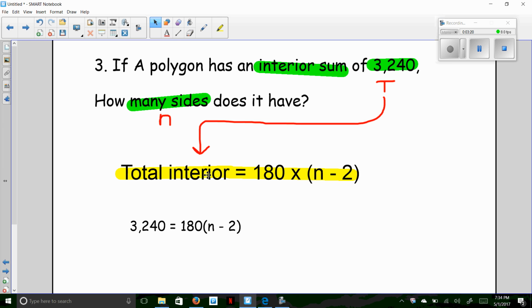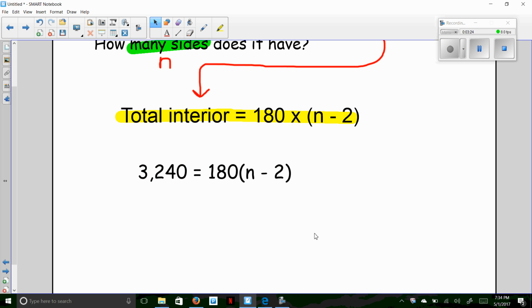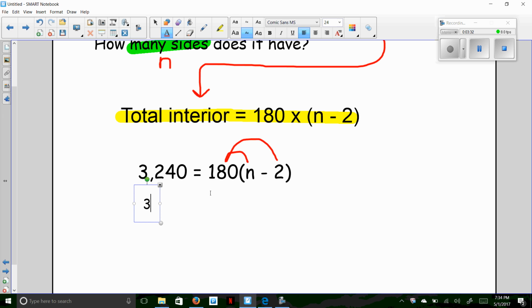Now we're solving for n. We're distributing. Now we're going to have 3,240 equals 180 times n and 180 times negative 2. So there's our equation we're going to solve.